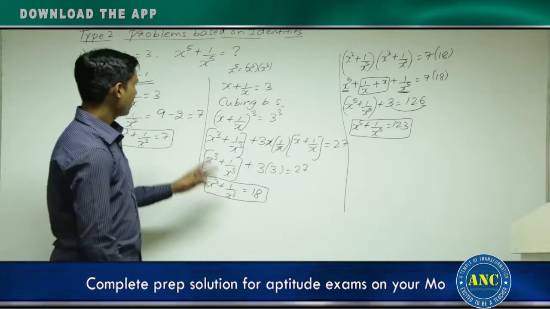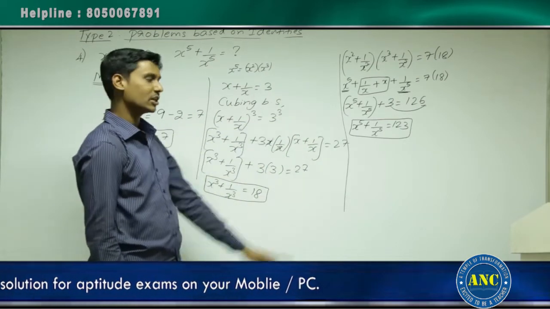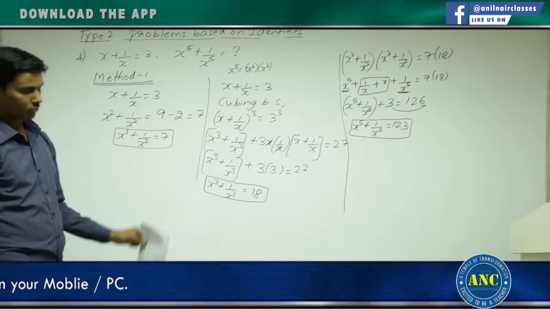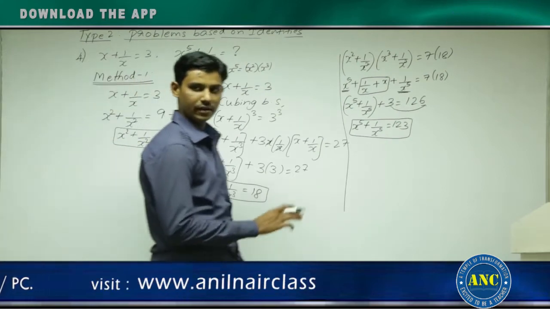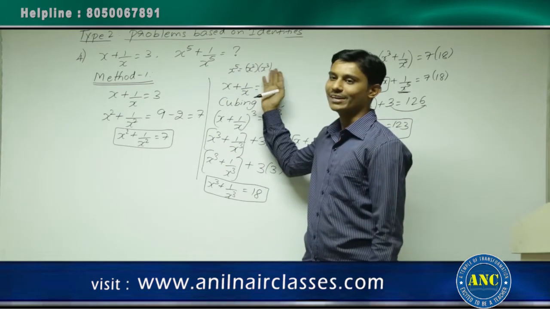Clear with the approach? But the only thing is it's a very lengthy process. We will try to eliminate this usage and see a different approach. First write down method 1. Any doubt in method 1? I want to find x power 5. It is nothing but x square into x cube.